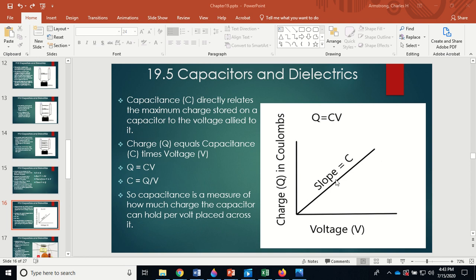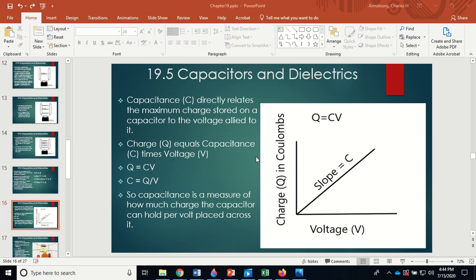It's a linear relationship, just like y equals mx in the point-slope equation. Q, the charge on the capacitor, equals the capacitance of the capacitor times the voltage. All right. Charge Q equals capacitance C times voltage V. Q equals CV. Also, then capacitance equals charge per volt.